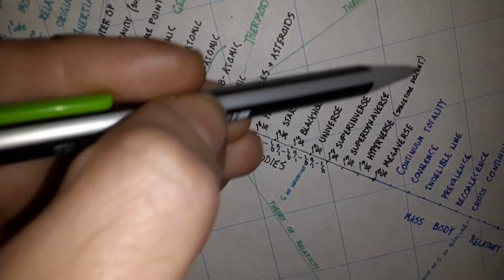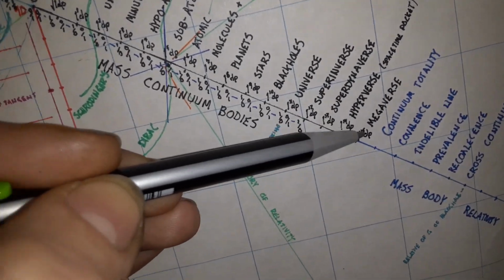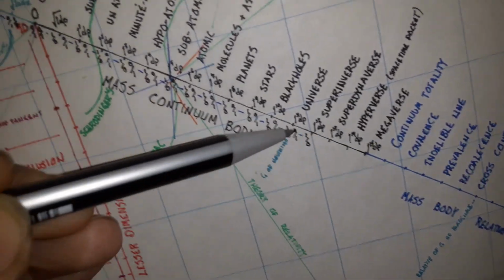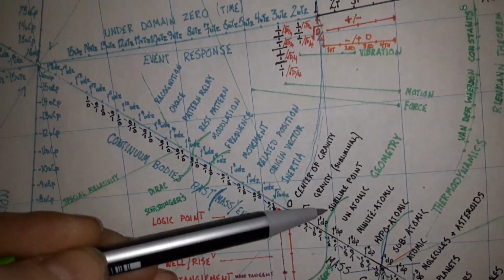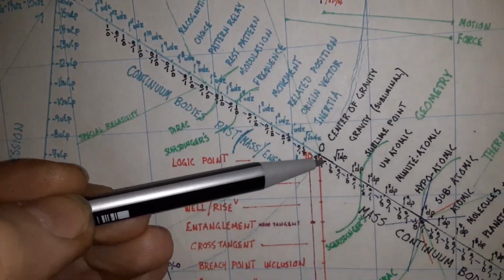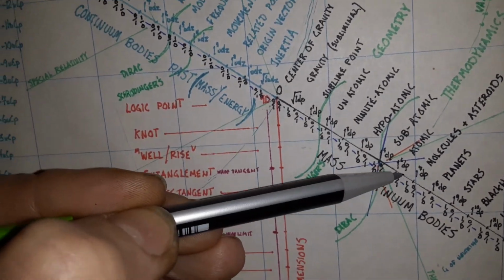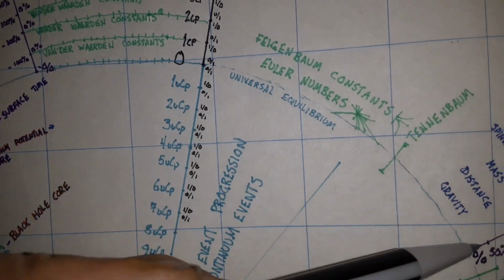Even in the hyperverse, the space-time pocket is still in the fourth dimension until you get to the megaverse and above. So in this, there is all the mathematics, and the mathematics is that this is the cube square law coming up here. You have Euler's constant being the fall rate in.